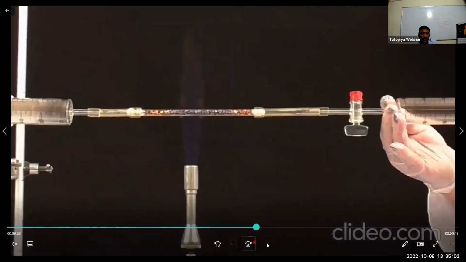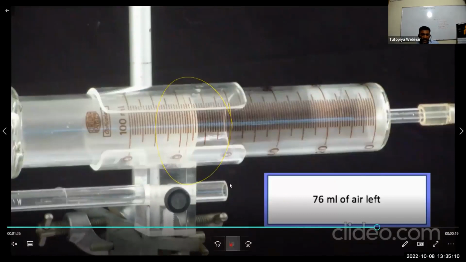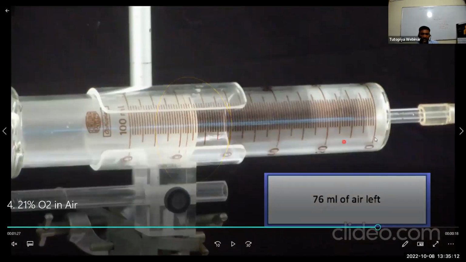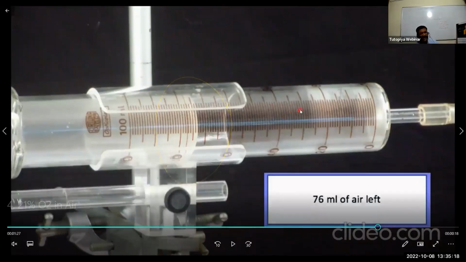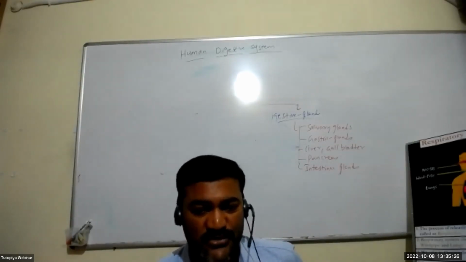Finally, you'll be left with only 78 to 79 ml of air here. So this shows that 21 ml, which is not air but oxygen, has reacted with copper. So this shows that air has 21% of oxygen.